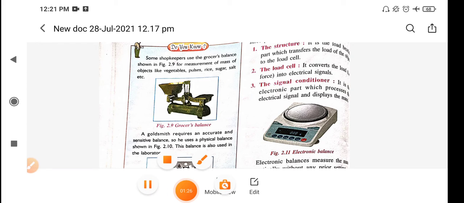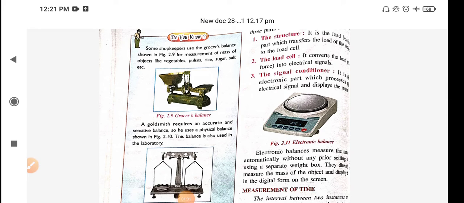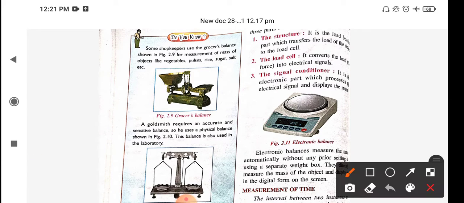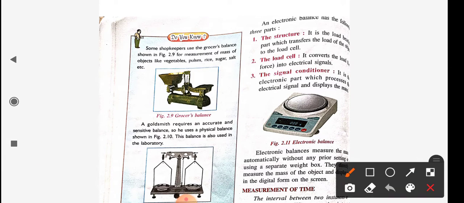Means in the inner side of the electronic balance, load cell is available. Now the last, the signal condenser. It is the electronic part which processes the electrical signal and displays the mass. When we measure the mass, the mass is displayed here in this part.